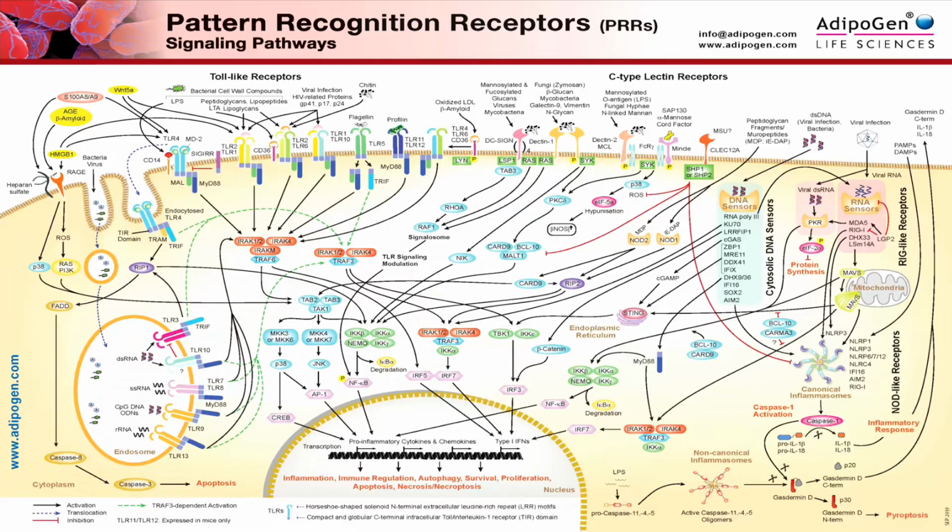Right? And here is one diagram of how scientists try to make sense of all the complexity. These are pattern recognition receptors amongst other signaling pathways, and you can see virtually 50 or 100 odd different arrows and little diagrams to try and remind scientists of the complexity of just this set of functions inside the cell.